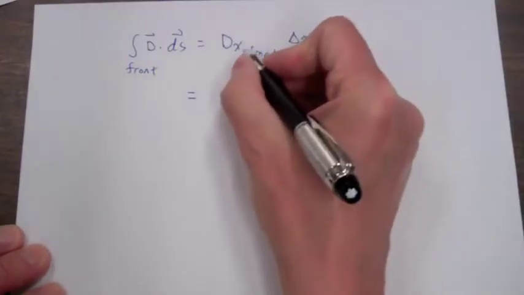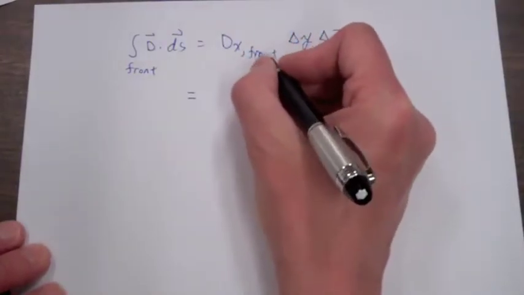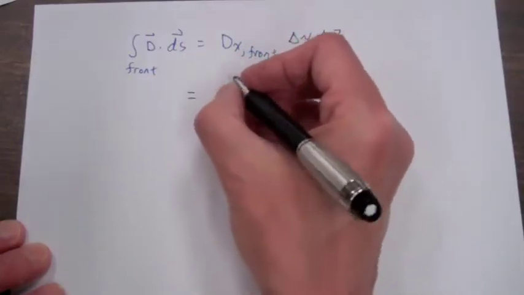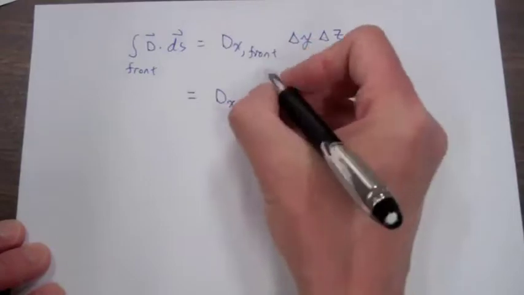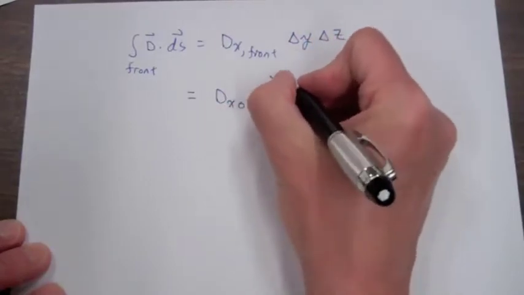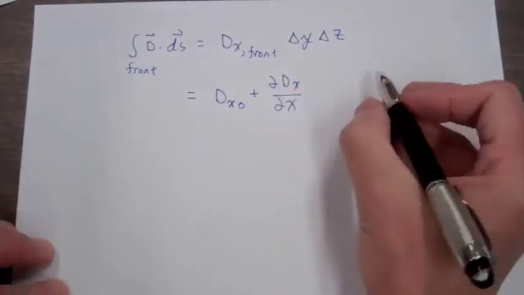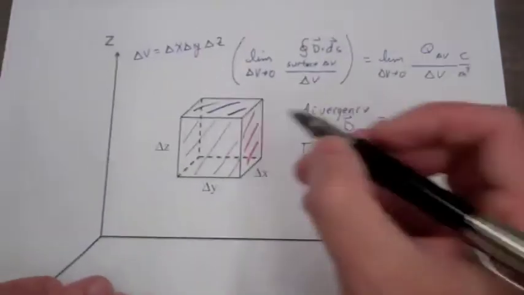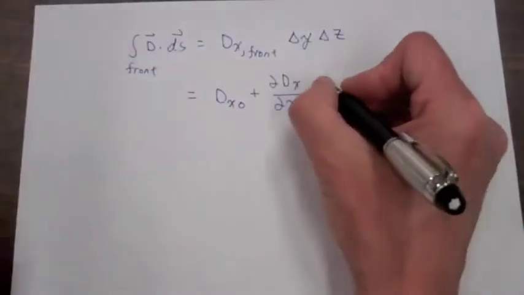And using the technique we just looked at, our estimate for d sub x on the front face is the value of d sub x in the center plus the rate that d sub x is changing with respect to x times the distance from the center of the cube to the front face, which is just delta x over 2.